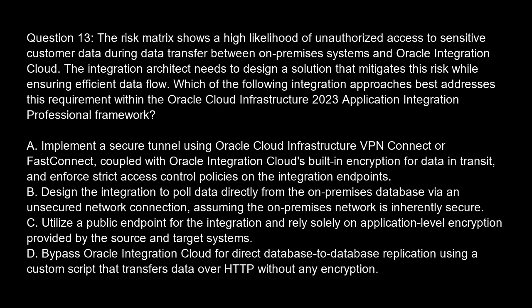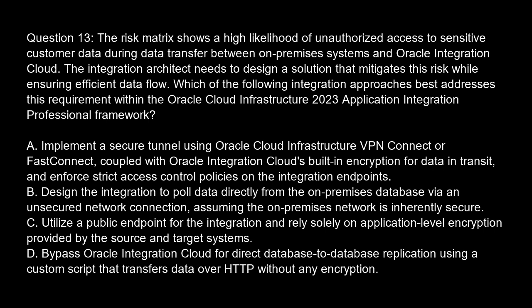Option A. Implement a secure tunnel using Oracle Cloud Infrastructure VPN Connect or FastConnect, coupled with Oracle Integration Cloud's built-in encryption for data in transit, and enforce strict access control policies on the integration endpoints. Option B. Design the integration to pull data directly from the on-premises database via an unsecured network connection, assuming the on-premises network is inherently secure.